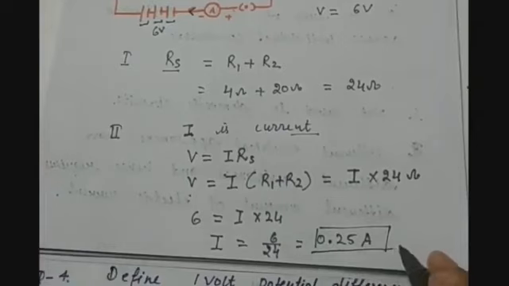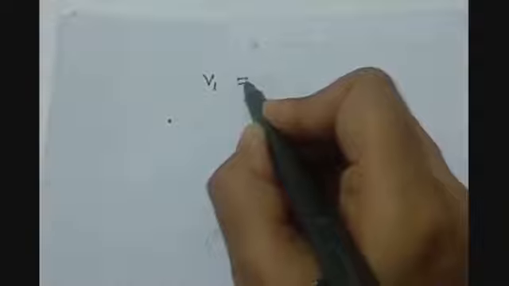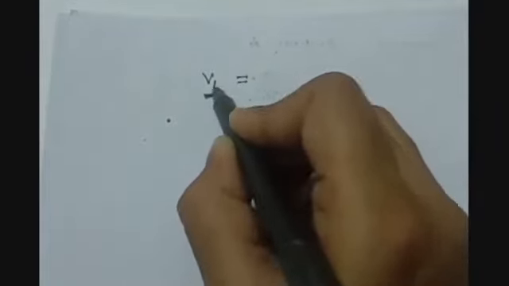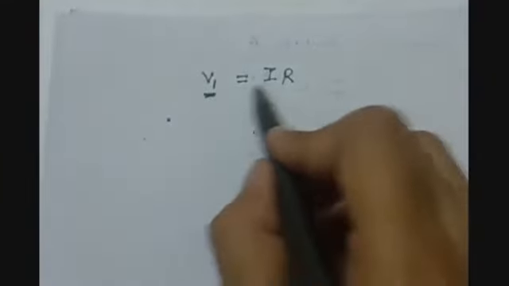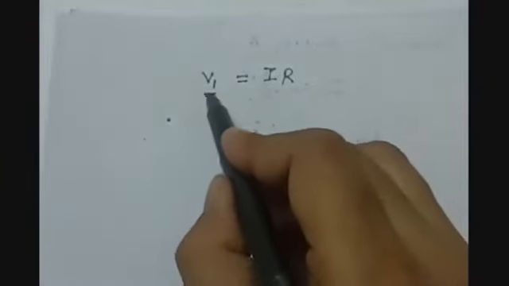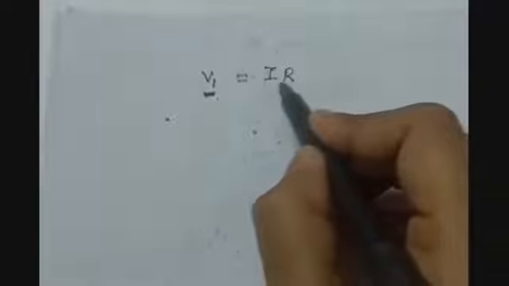Now we know the current, we know each resistance, and we have to find out the value of V1 and V2. We have to find out the potential difference across the conductor of 4 ohm resistance, that is V1. It will be having a value because V is always equal to IR. So V1 is IR1.